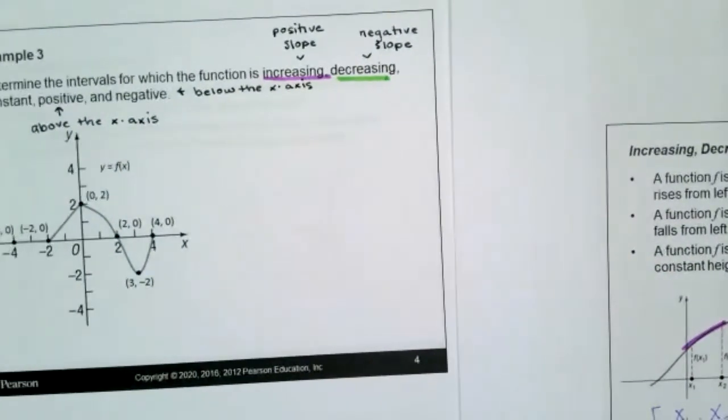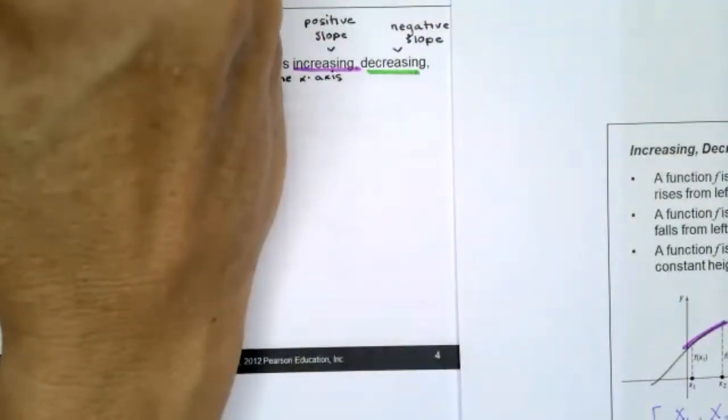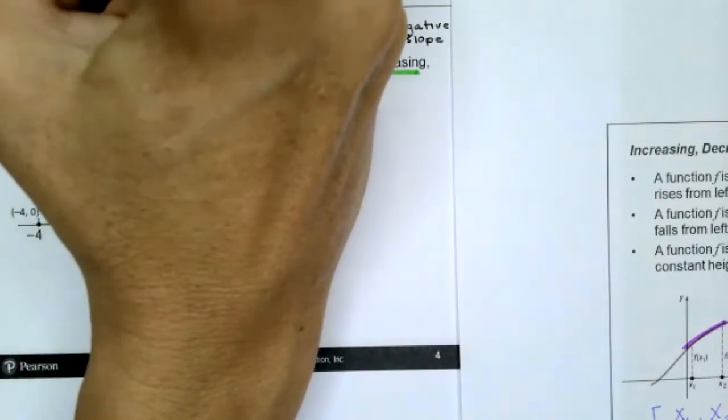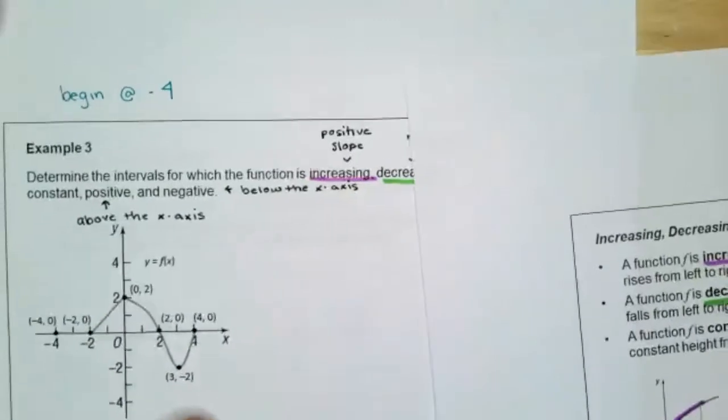Okay, so you can look at here, we have a function. The function begins at -4. It's important to point that out. So we're beginning at -4.